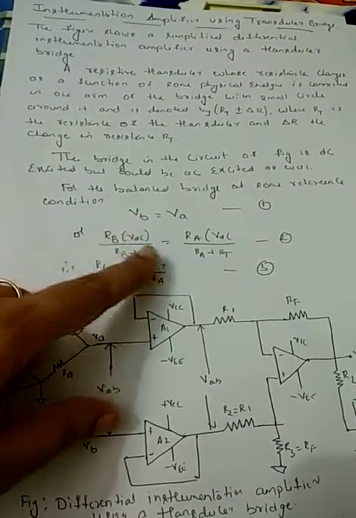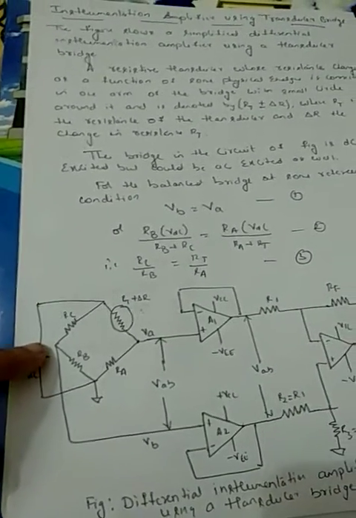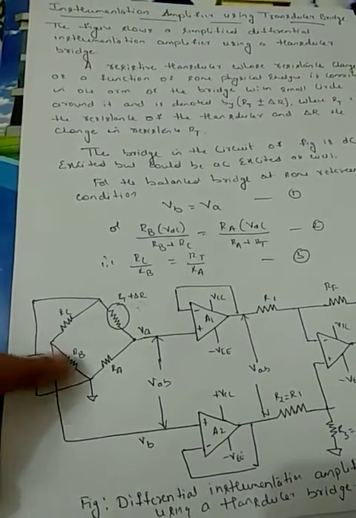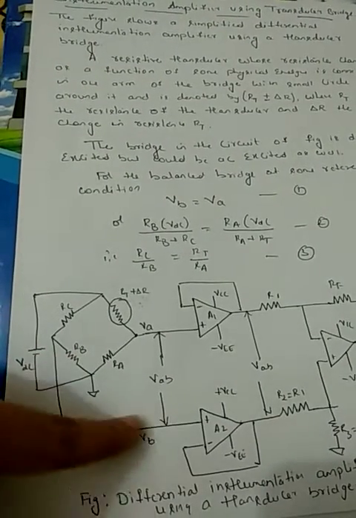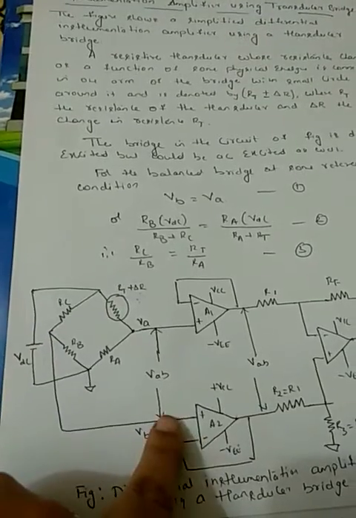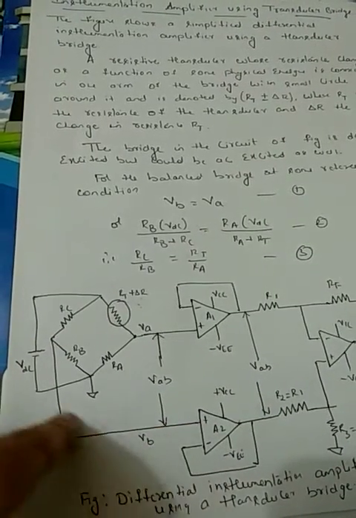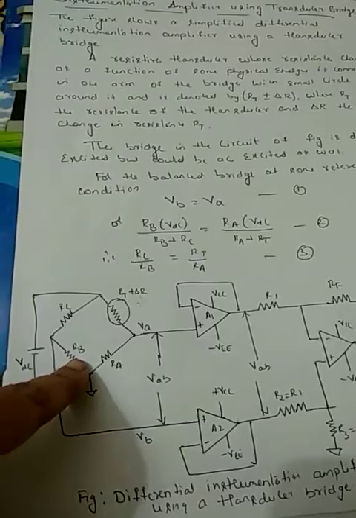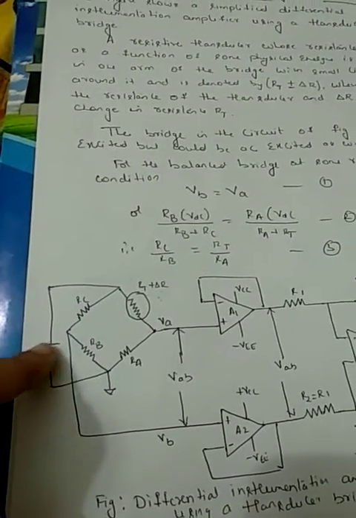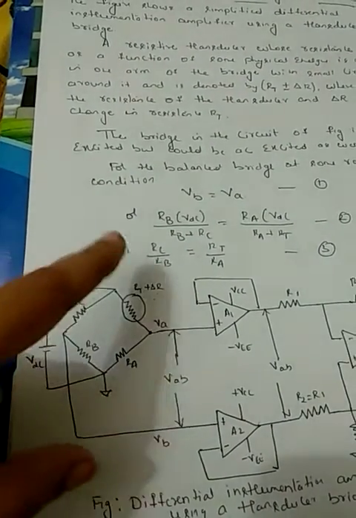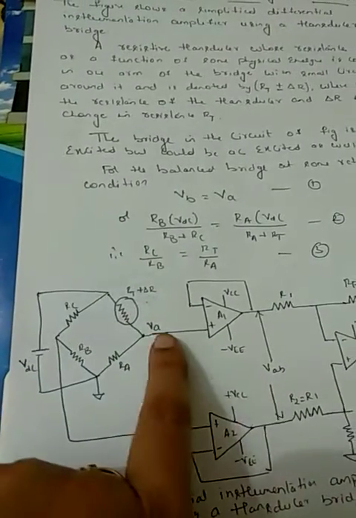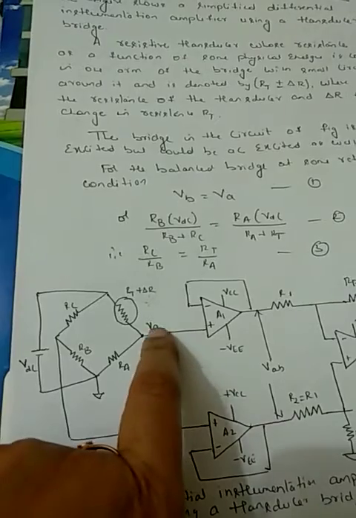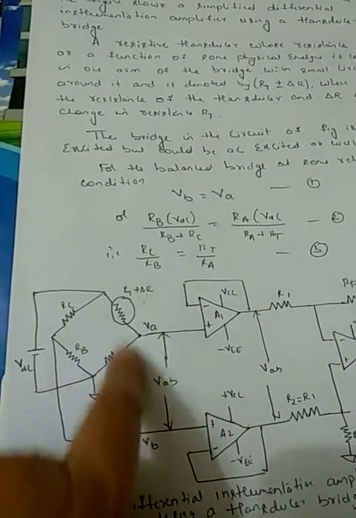The voltage at this terminal is determined by these two resistances along with the DC voltage VDC. So VB is equal to RB into VDC divided by RB plus RC, whereas the potential at this terminal, VA, is determined by these two resistances.